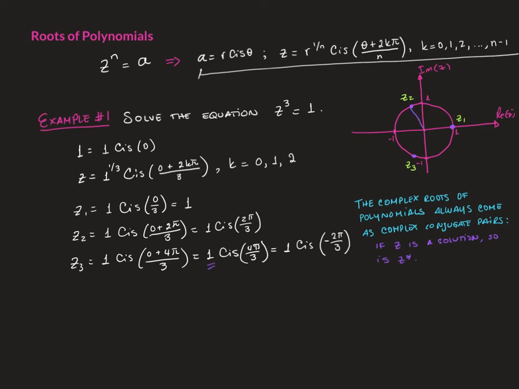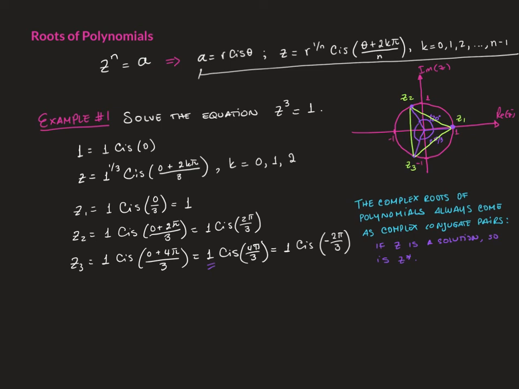And just having the circle helps us visualize this pattern. So if we draw the 3 radii from the circle, we can tell that the angular distance between these 3 points is going to be 120 degrees, or 2 pi by 3. So what we can say is that these 3 solutions are the vertices of a regular triangle, so an equilateral triangle.